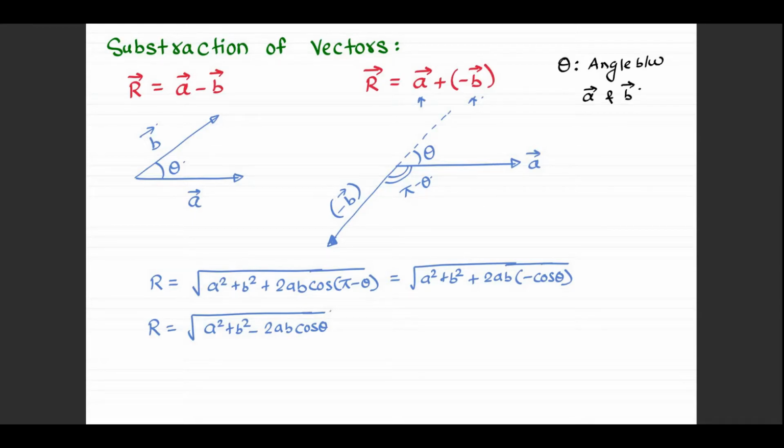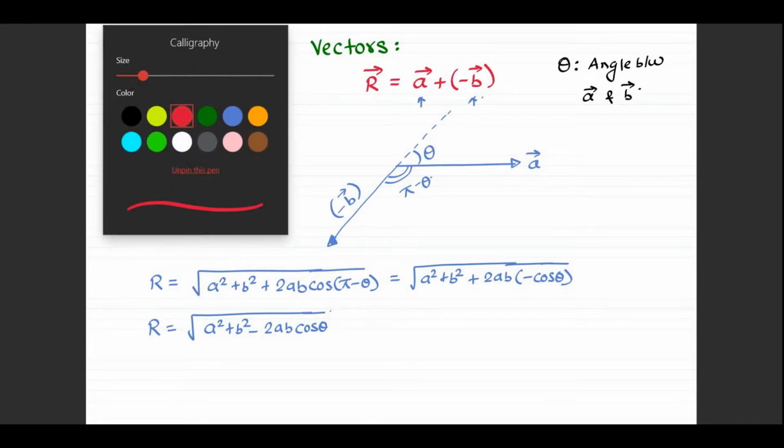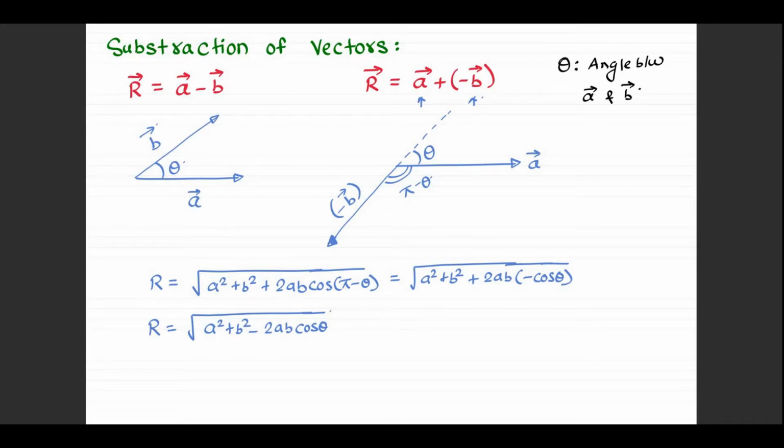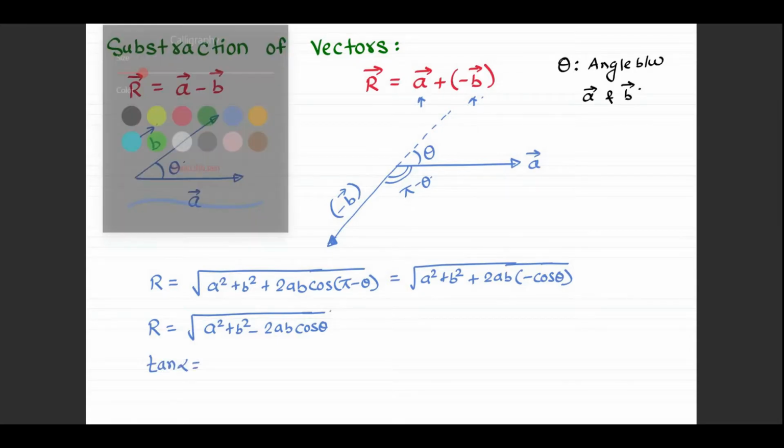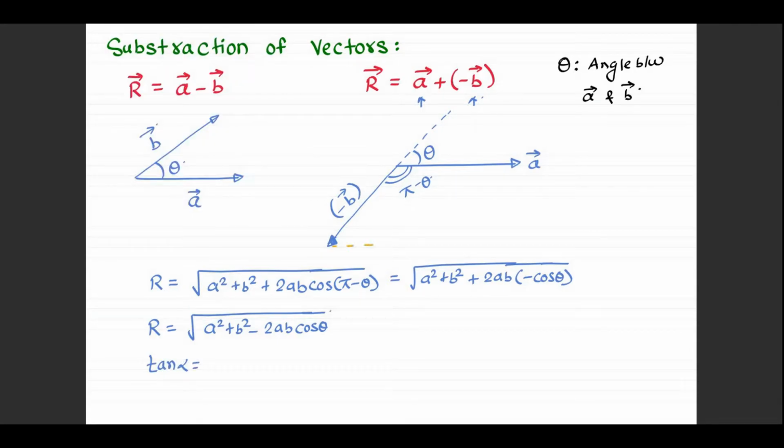Okay. Tan alpha then will become... now which angle is alpha? I complete this parallelogram since I am adding these two vectors. This is the resultant R vector. This angle is alpha.